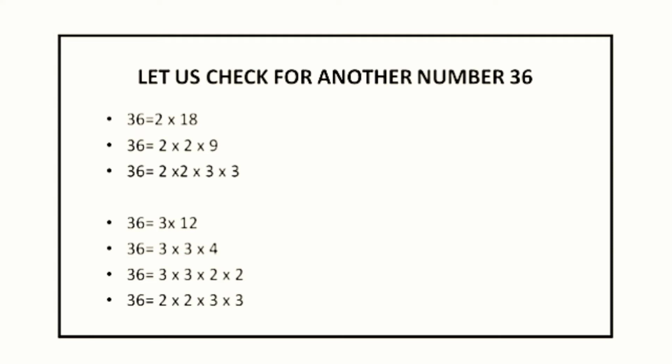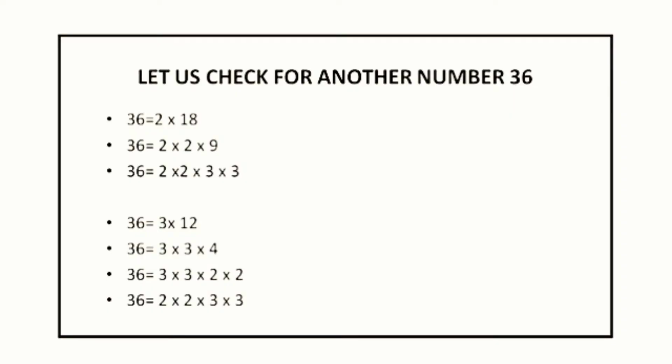Now, for the third expression, again I am splitting the number 9 as 3 into 3, and that is why the third expression is 36 equals 2 into 2 into 3 into 3. In all these cases, the product of their factors equals 36.